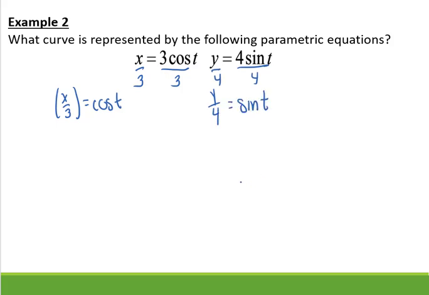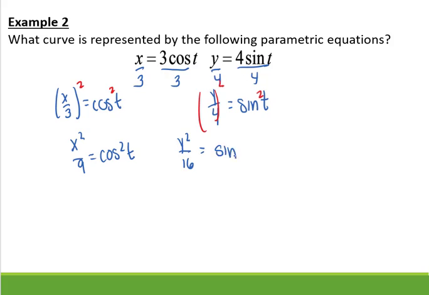Then I'm going to square both sides. So I have x squared over 9 is equal to the cosine squared of t, and y squared over 16 is equal to the sine squared of t.